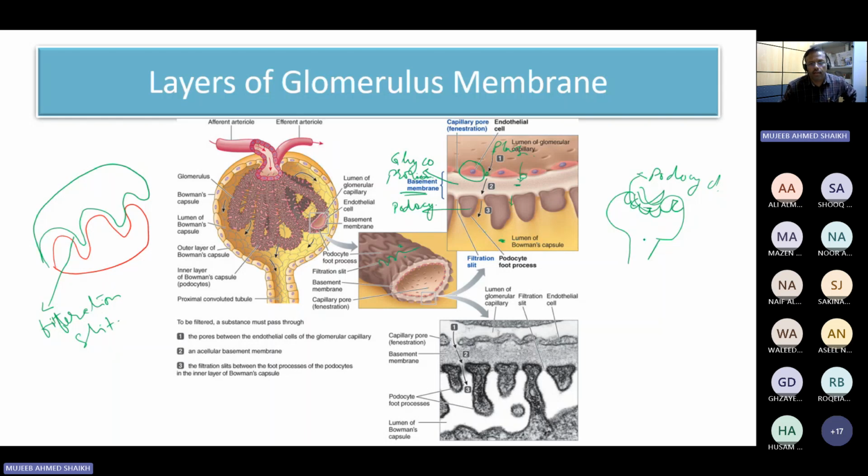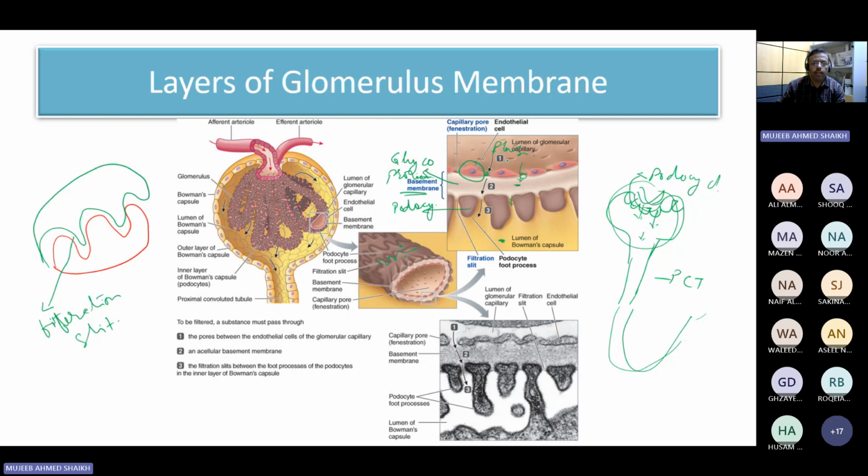From here, this filtered fluid will go to the proximal convoluted tubule, then the loop of Henle, then the distal convoluted tubule, like that. Today we are talking about how the filtration is occurring in this area only.